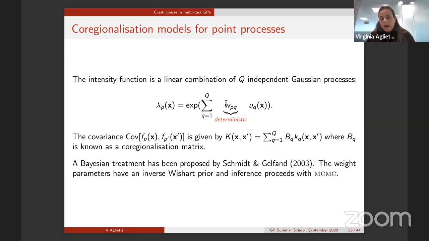And by even only considering a distribution on the weights, because you have this sum of products, it becomes much more complicated, and you need to deal with black box variational inference because a lot of expectations are not computable in closed form anymore.